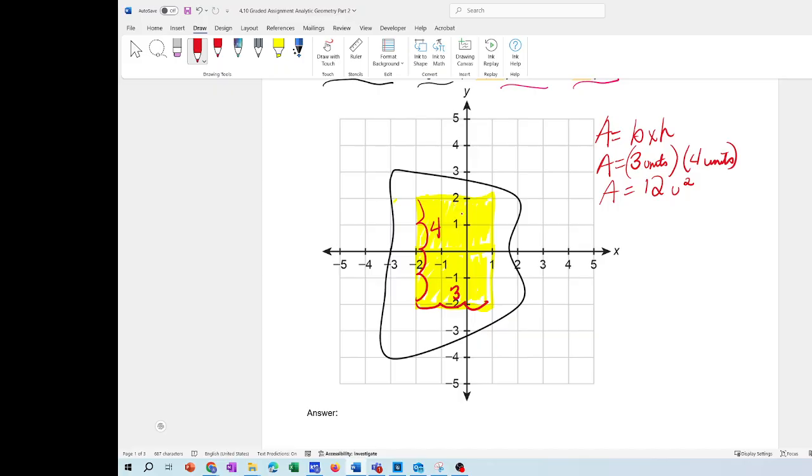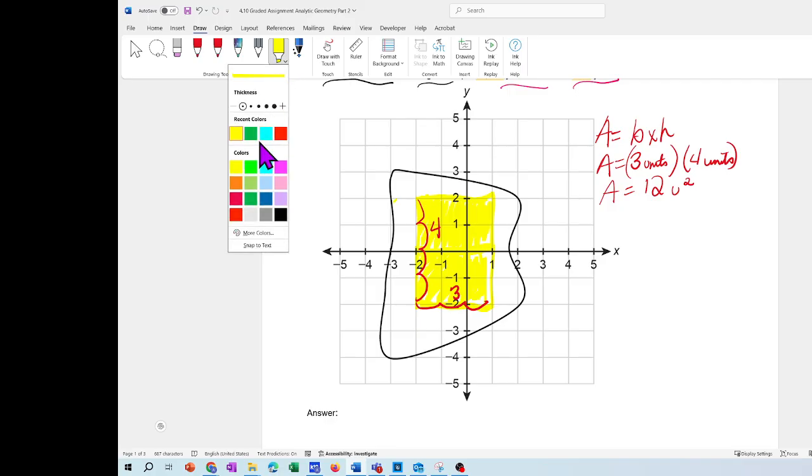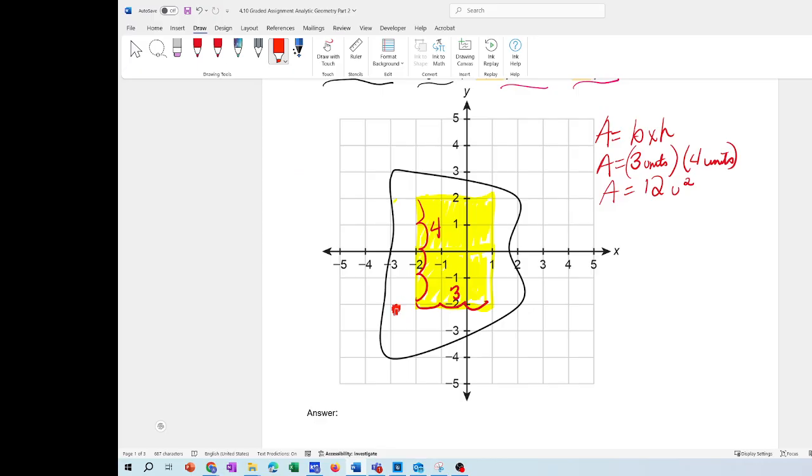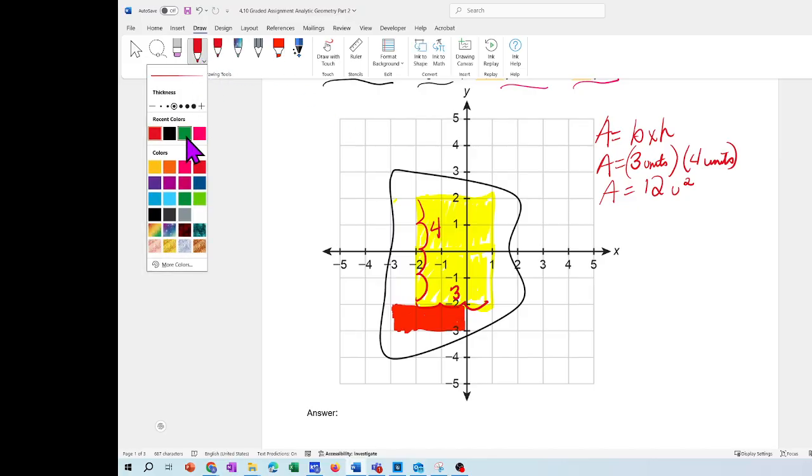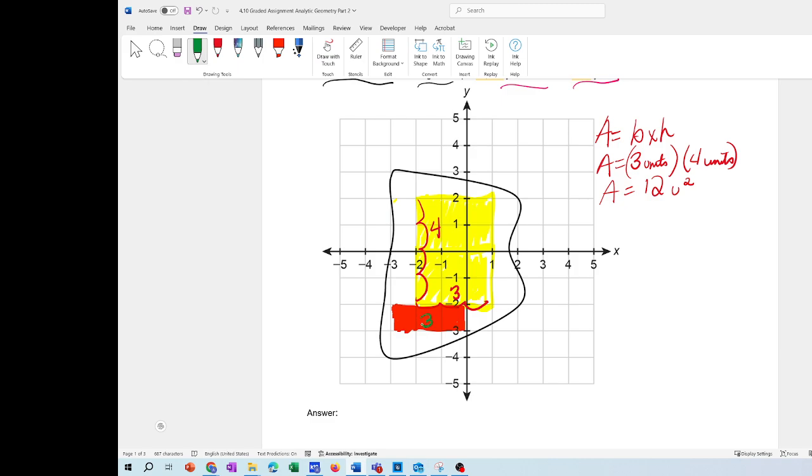So on your own, you're going to do approximations. For example, which other one can I complete? Well, I can do this other one, right? To this part, I create another rectangle. This one is 3 units, right? I just count the number of squares.